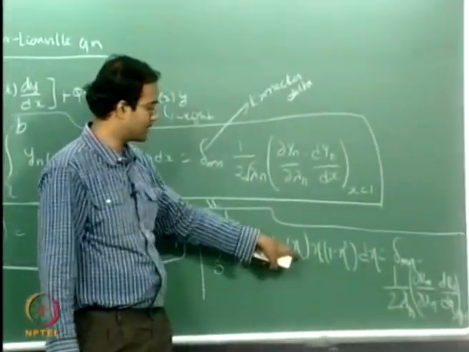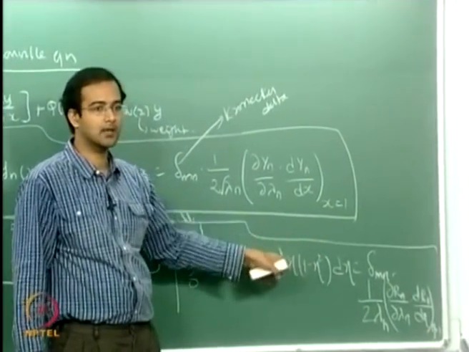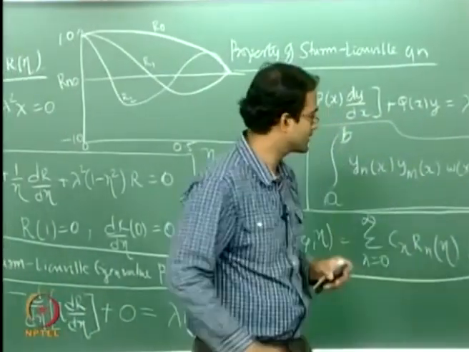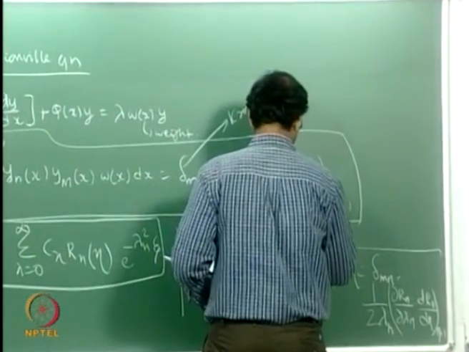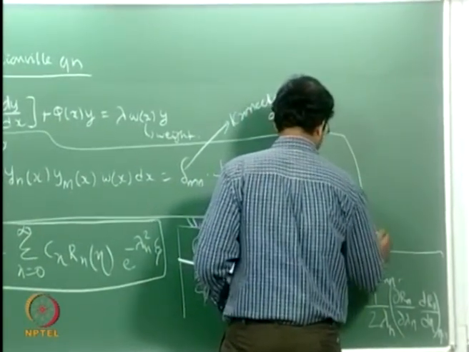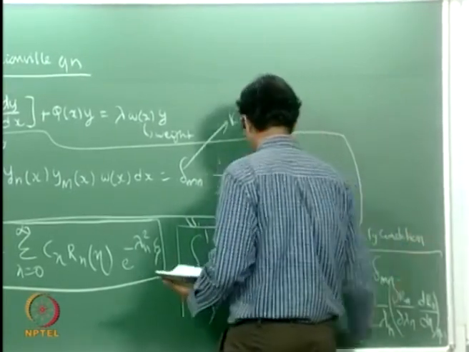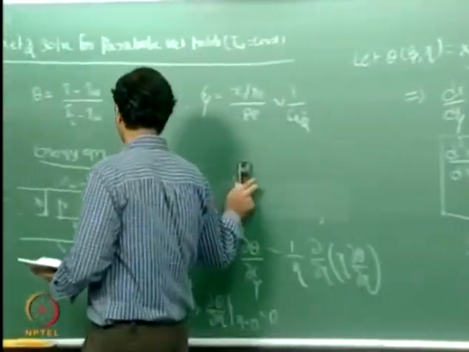When you integrate with the weighing function, since all Sturm-Liouville problems are orthogonal, this is a property which satisfies the orthogonal condition. So this is an orthogonality condition of Sturm-Liouville system of problems, and we will make use of this in calculating the constant.